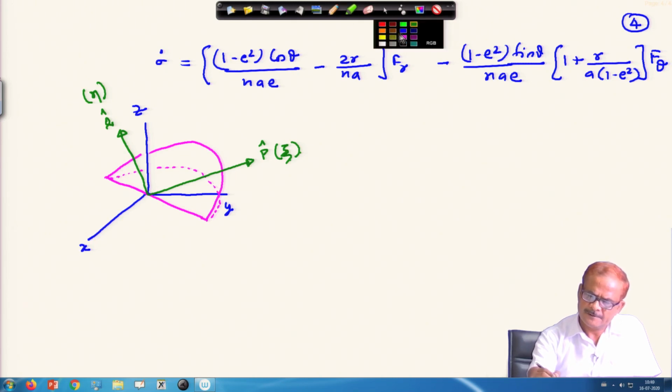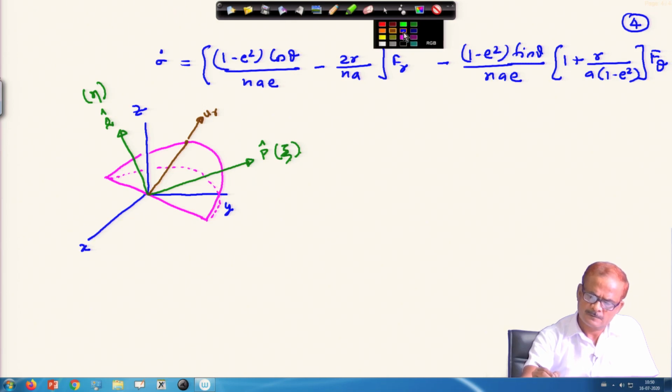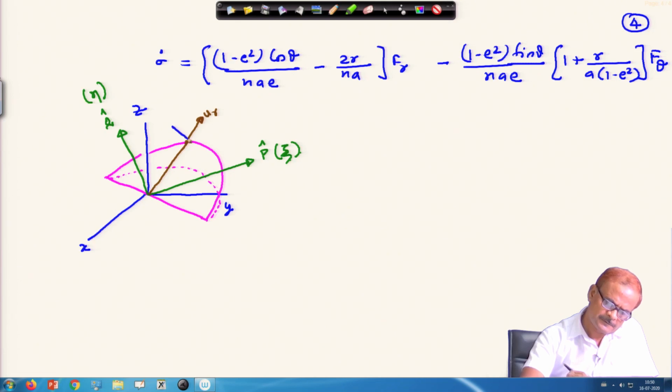Then we indicated the satellite position somewhere. Along this direction we had the vector u r, and perpendicular to this we have u theta, where the angle theta is indicated like this.